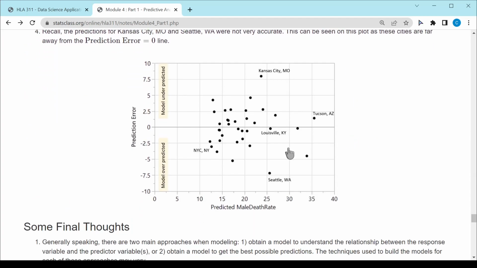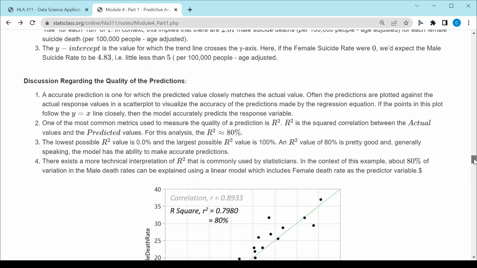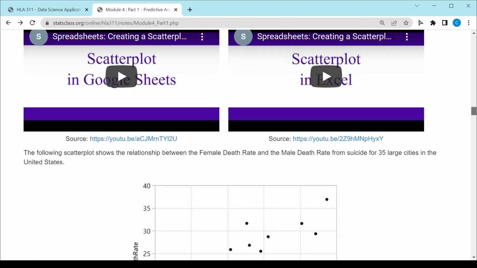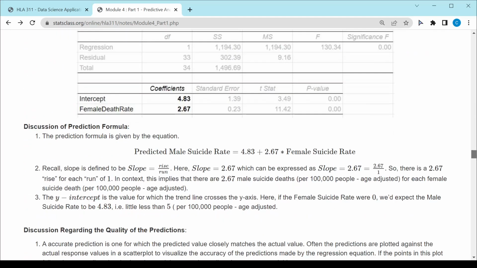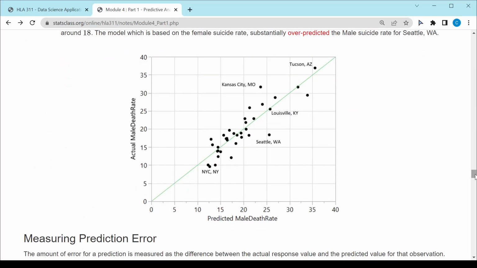Here we pointed out some of the cities again that I also mentioned up above in that plot. You can see that Louisville, Kentucky has a very small prediction error. If we go up and look at the plot that we had before, where I identified some of those cities, where is that at? You can see that Louisville, Kentucky is very close.